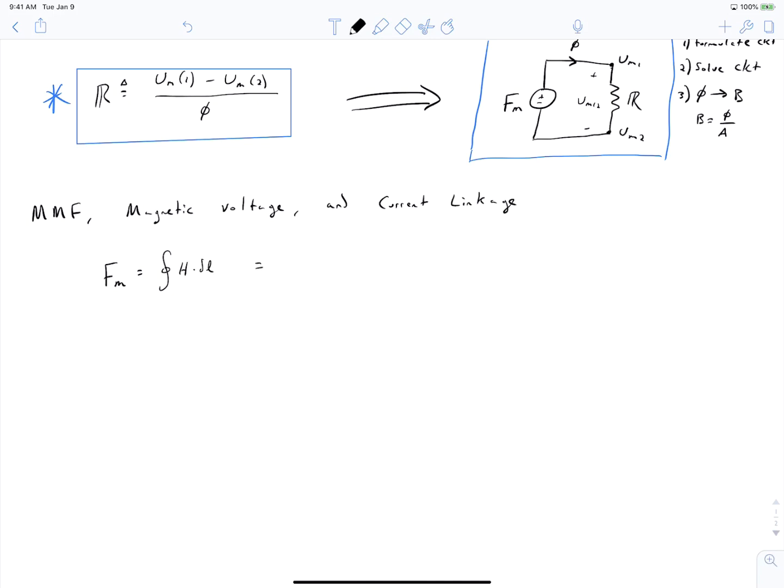This, using Ampere's law, is equal to the surface integral of J dot ds. As you'll find in your book, this quantity of J dot ds is equal to the current linkage. So we have the left side of our equation, which is described as MMF, and we have the right side of our equation, which is the current enclosed in our magnetic path, or our current linkage.